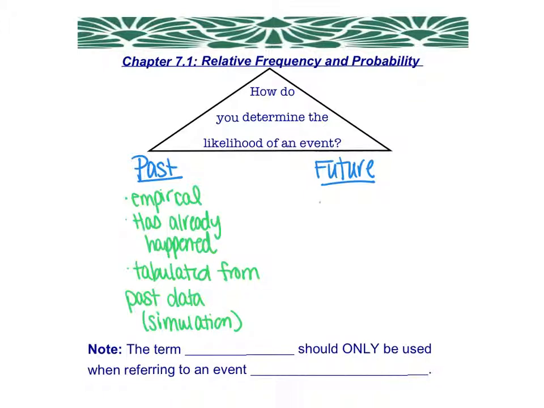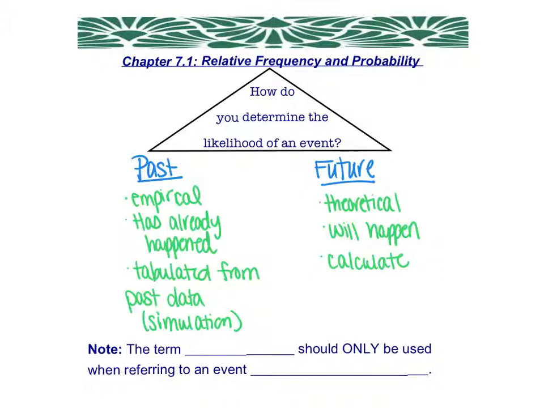Future events are theoretical. Something that will happen or might happen. And we calculate these things, not from data necessarily that's already happened, but from different things that I have already been told.